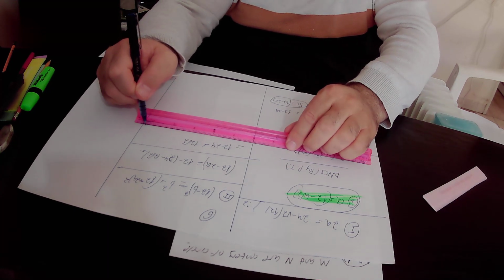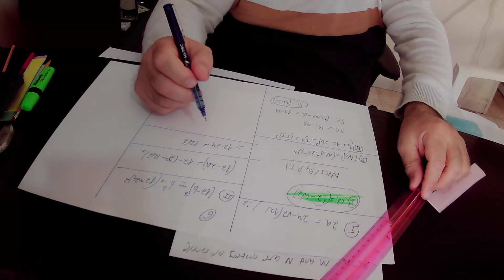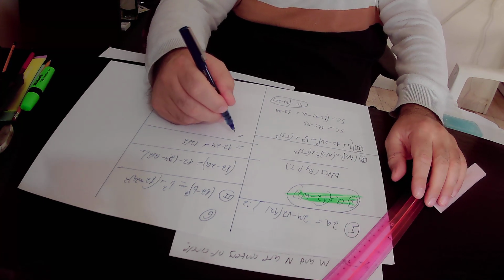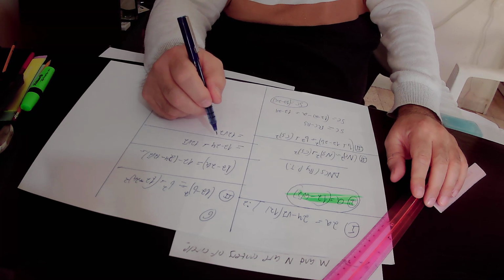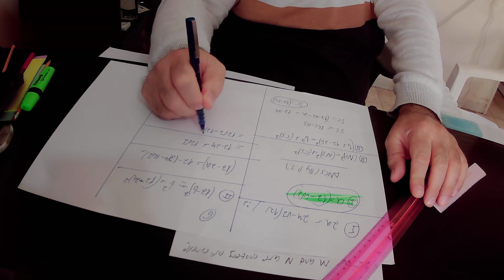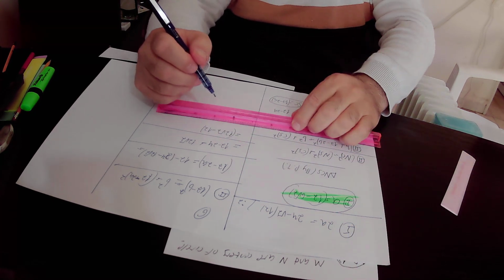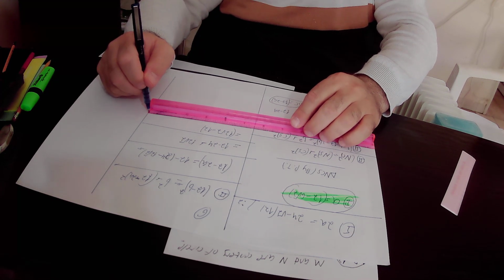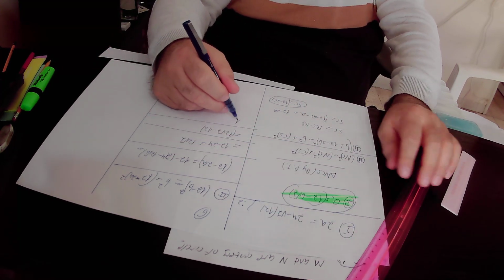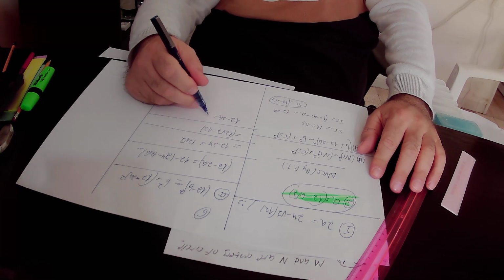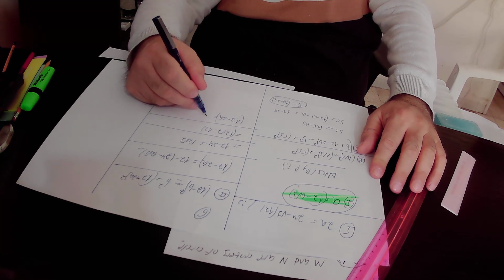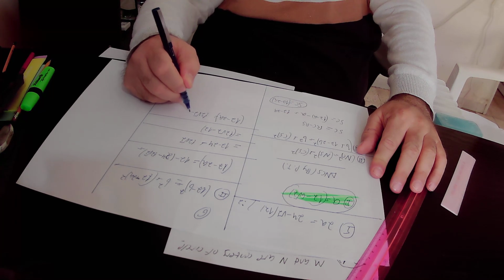So in conclusion, we found out that 12 minus 24 is minus 12. I repeat again, in conclusion, we found out that 12 minus 2A equals 12 times square root of 2 minus 12.